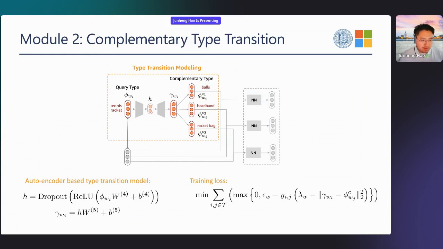For example, we can limit it to the top 5 most complementary types, and for each complementary type, we have a number of items that we should write. So it's basically 5 types, 10 items each, which results in 50 items.